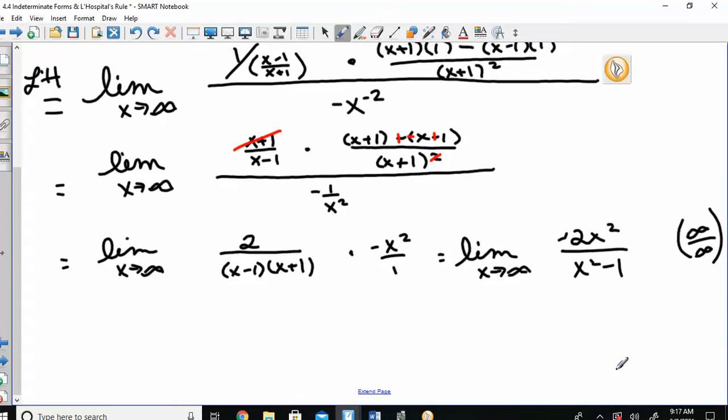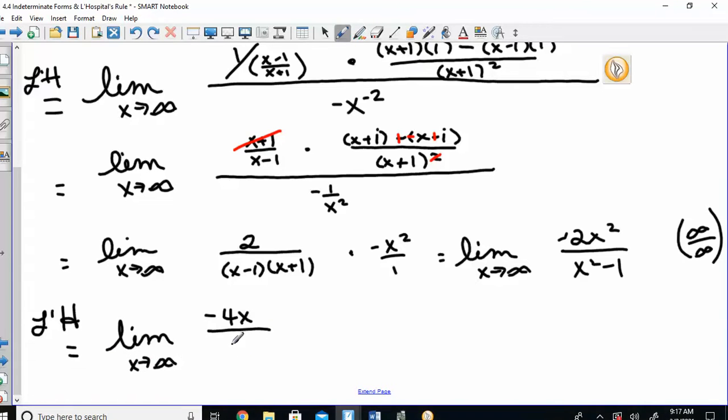Yes? Where'd you get that 2 from? Right here when I did the 1 plus the 1. Oh, okay. So what does that tell me? L'Hopital's again. That's going to be much nicer now because we just have a polynomial over a polynomial. Okay, so derivative of the top would be negative 4x.